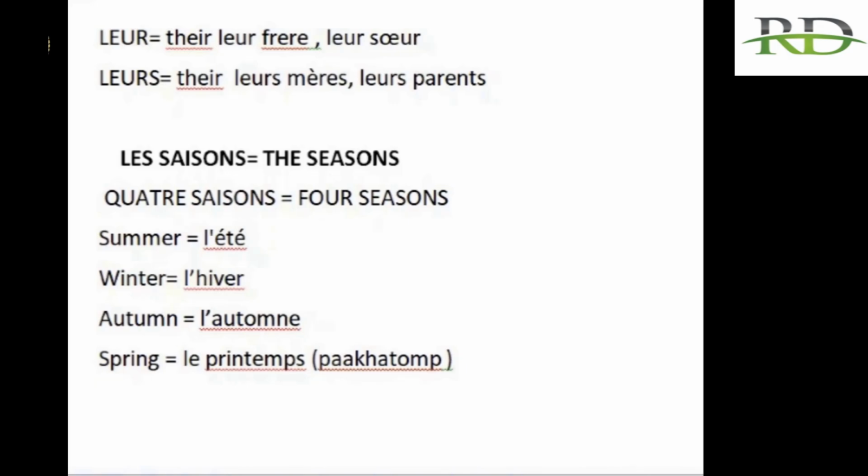Winter is called l'hiver. Autumn is called l'automne. And spring is called le printemps. L'été, l'hiver, l'automne, le printemps. These are the four seasons.